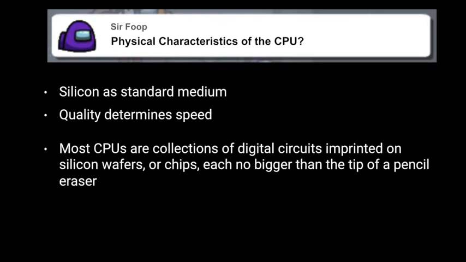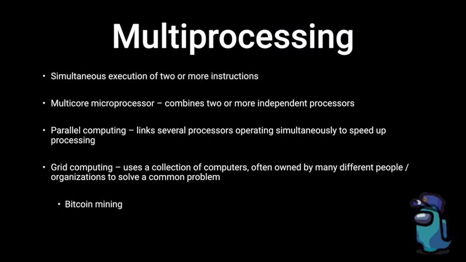Last up on processors is multiprocessing. Multiprocessing refers to the simultaneous execution of two or more instructions. A basic computer with one processor, like the most basic ones that were released, let's say, 15 years ago, can only execute one instruction at a given time.